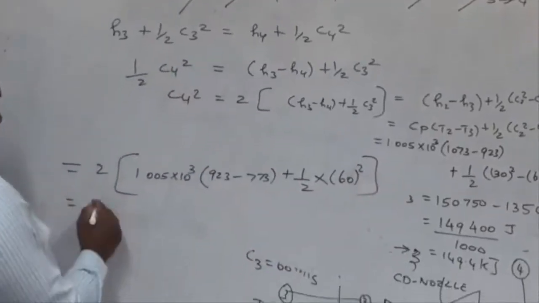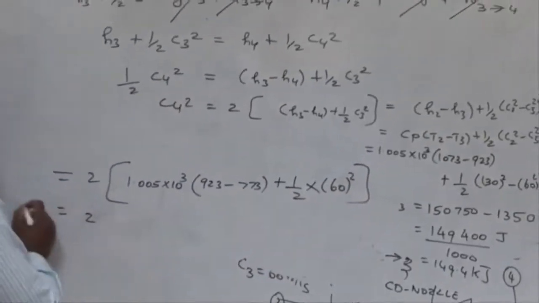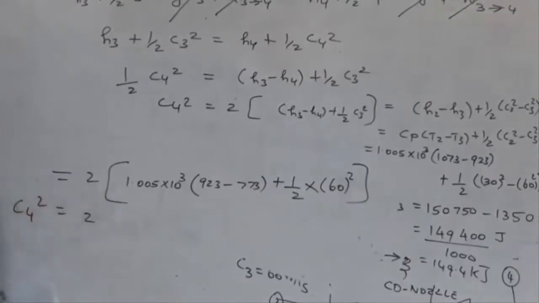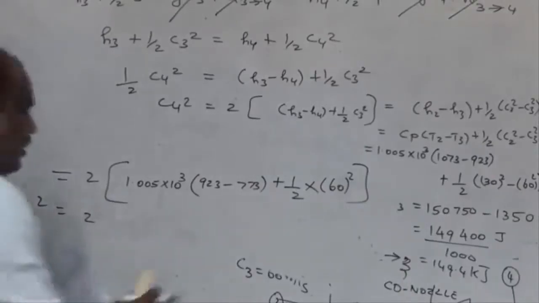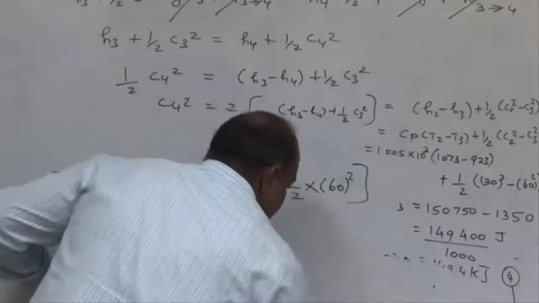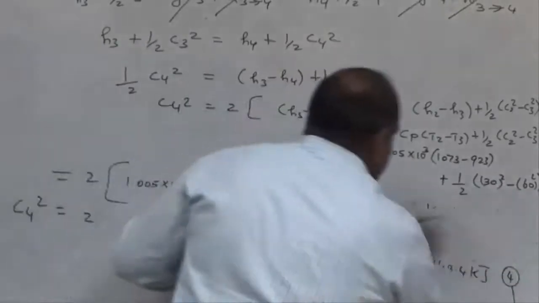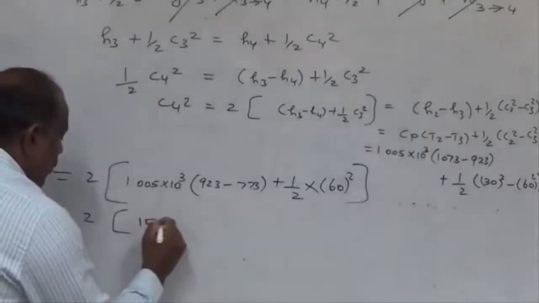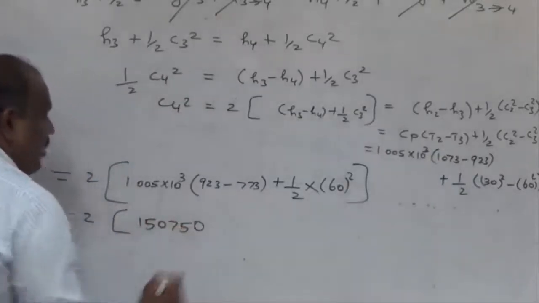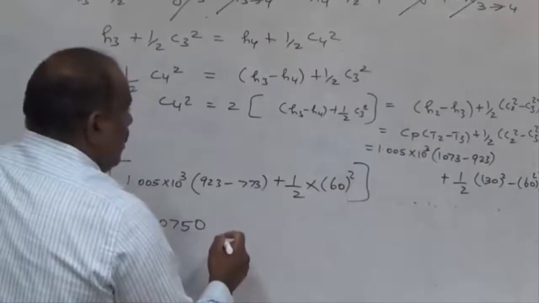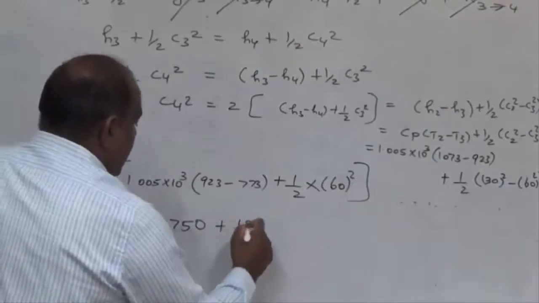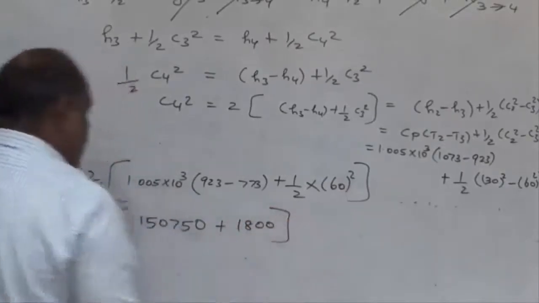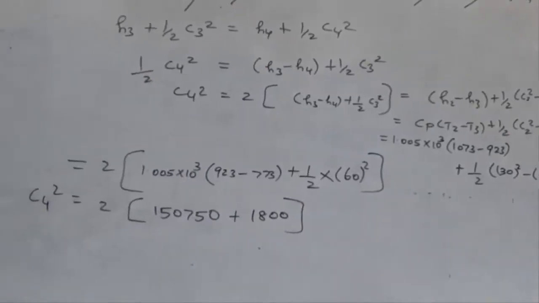So what is the answer? It is C4 squared, not C4. This one is 150750. What about this one? This one is 1800. Is it positive or negative?